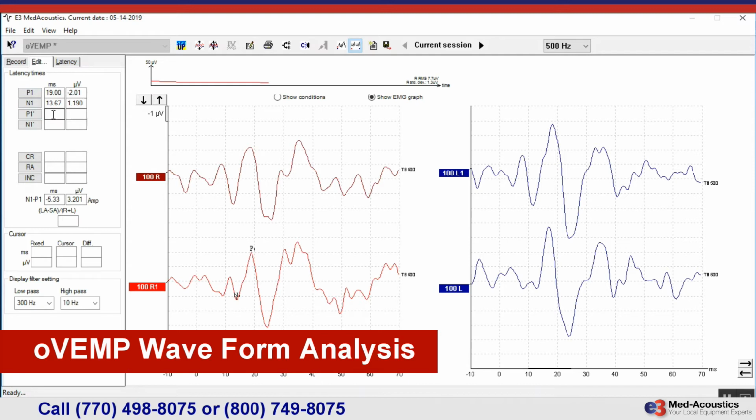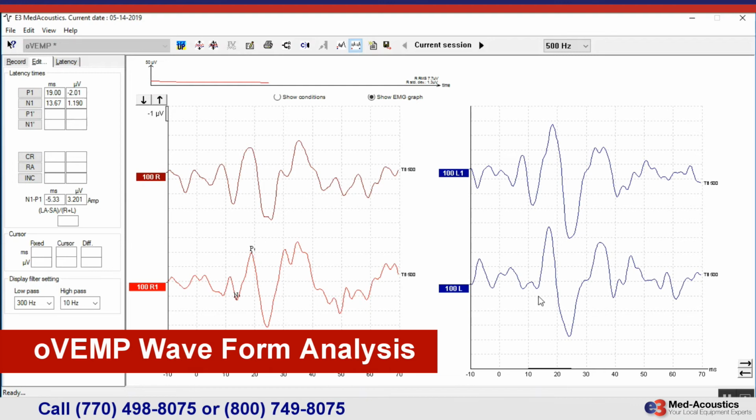N1 was at 13.6 milliseconds and P1 was at 19 milliseconds. That's within what I expect. So I have a good valid response. And it happens to be 3.2 microvolts. That's by amplitude. And that's about the amplitudes that you're used to measuring in ABRs and ECOGs. This is a lot lower amplitude than the VEMP, which is gigantic, so that's why we had to raise the gain when we did this test.